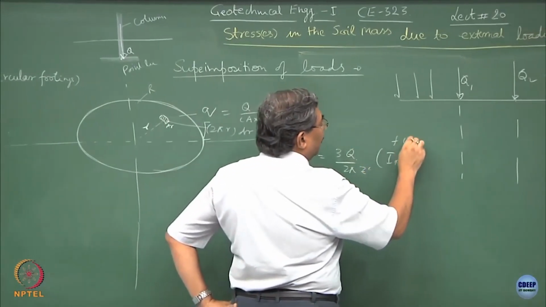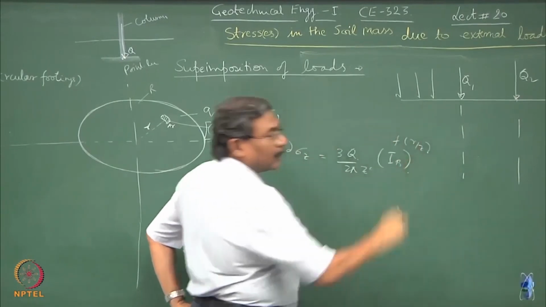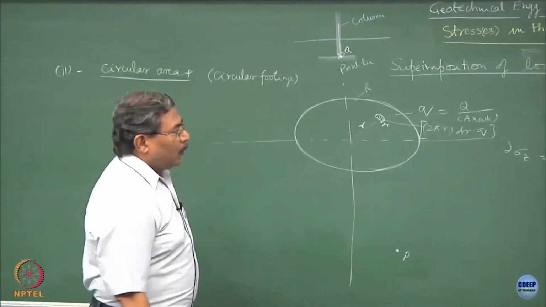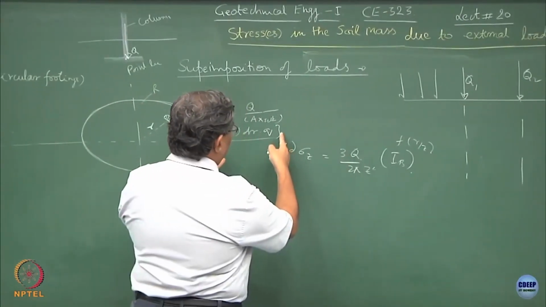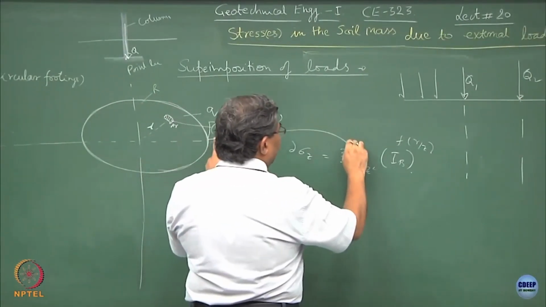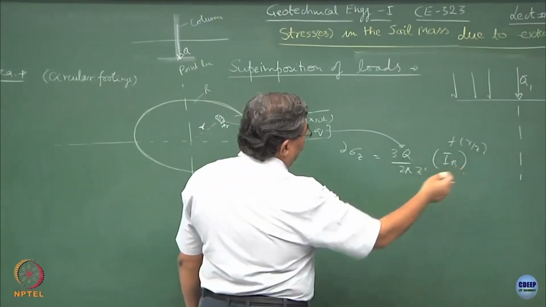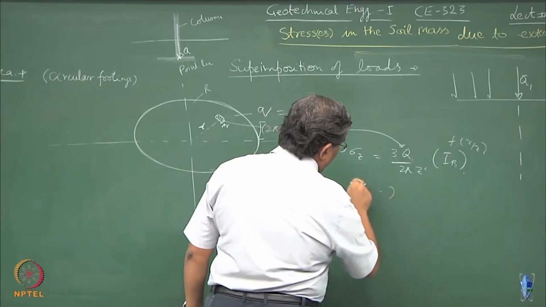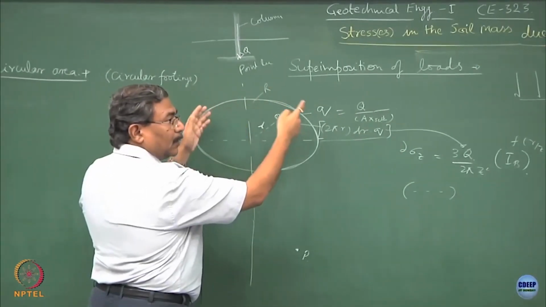This is a function of r by z, clear? So, this q is equal to this one. I can substitute this value over here and I can integrate. So, I can get the expressions for the sigma z due to the circular loading.